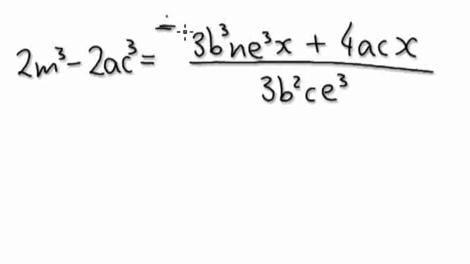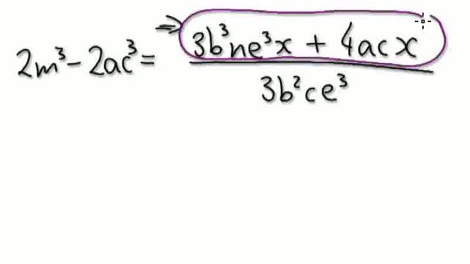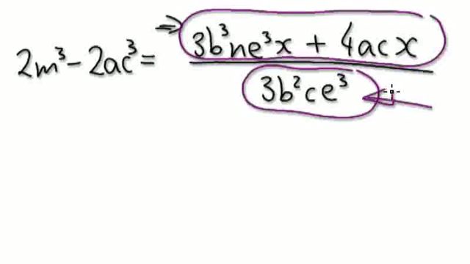Now you can factorize up here first, but let's just multiply. Let's just visualize it as this. You've got a top bubble here, dividing by this bubble here. So let's times both sides by this thing here.